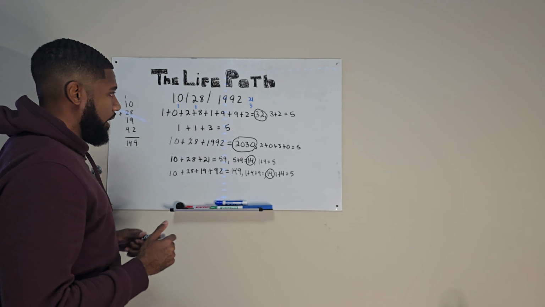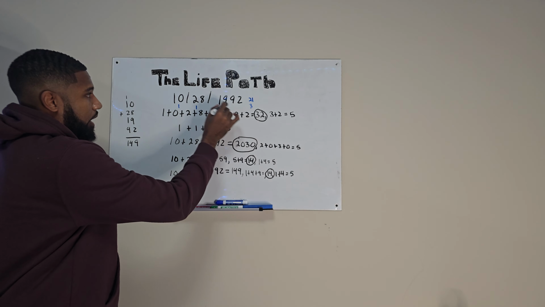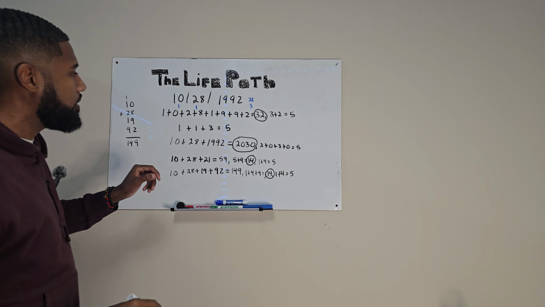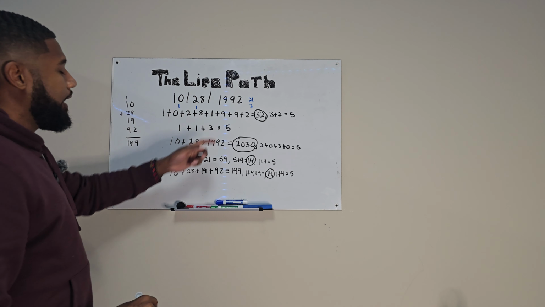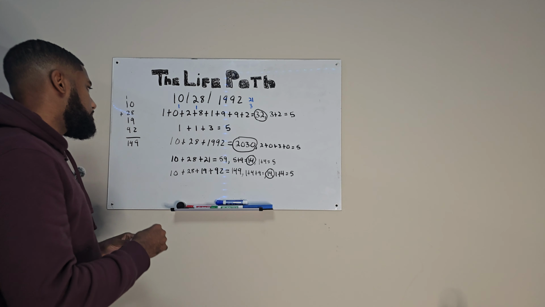Now, the second way requires us to use the single digit of each number. So the single digit of the month October, which is the number 1, the single digit of the day number 28, which is also the number 1, and the single digit of the year 1992, which is the number 3.